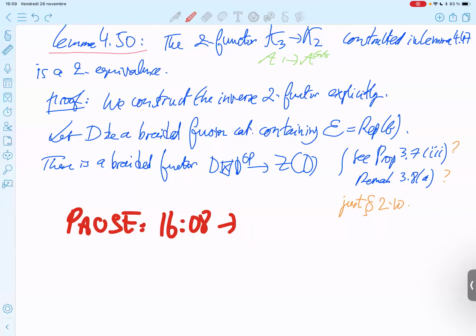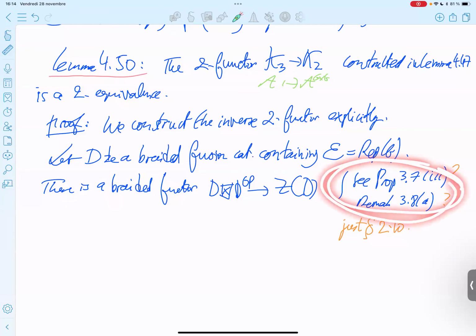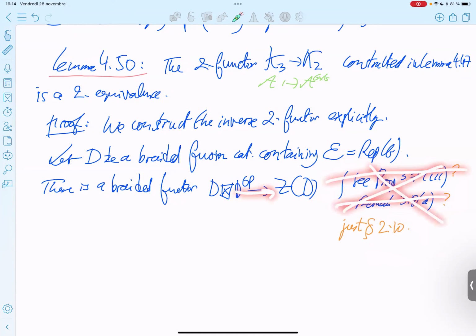Proof. I feel like we don't need to refer to that because this is very specific to the non-degenerate case. You just need to refer to where this embedding is defined. So I guess you don't need to consider that.